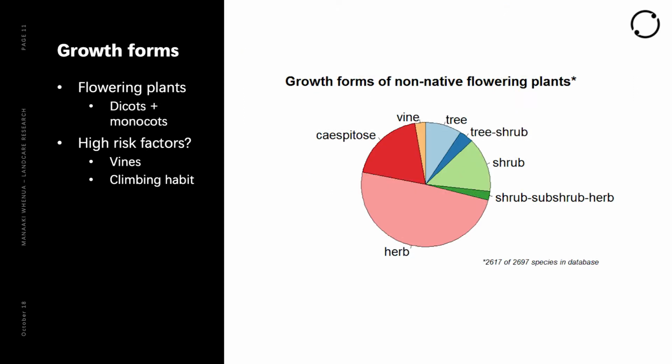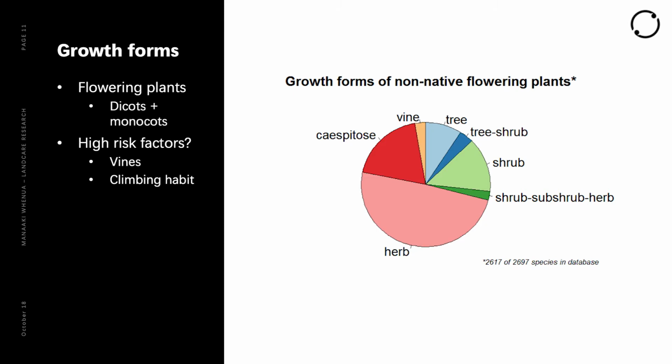A few more characteristics. I'm only focusing here on the flowering plants, monocots and dicots, because the ferns are largely herbaceous. There are a couple of tree fern species in there, and the gymnosperms are mostly trees, a few shrubs.